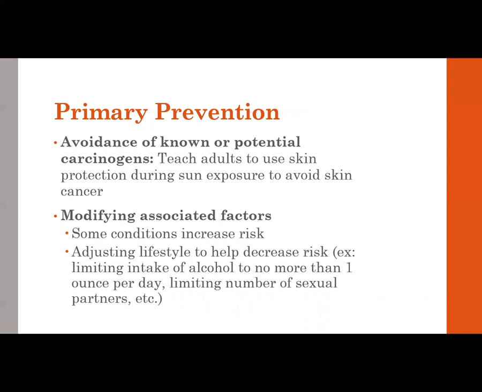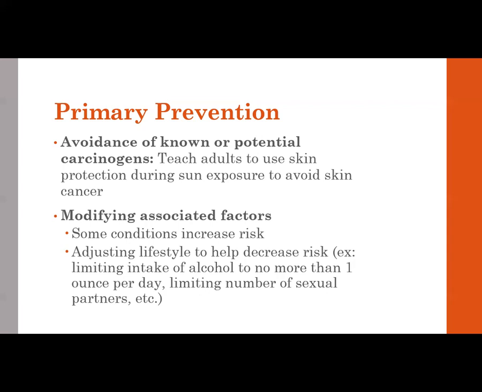Modifying associated factors. There are some conditions that increase risk, so you want to adjust lifestyles to help decrease risk. For example, limiting your intake of alcohol to no more than 1 ounce per day, and limiting the number of sexual partners. There are some cancers that can be associated with these, so you want to modify them in order to decrease your risk.